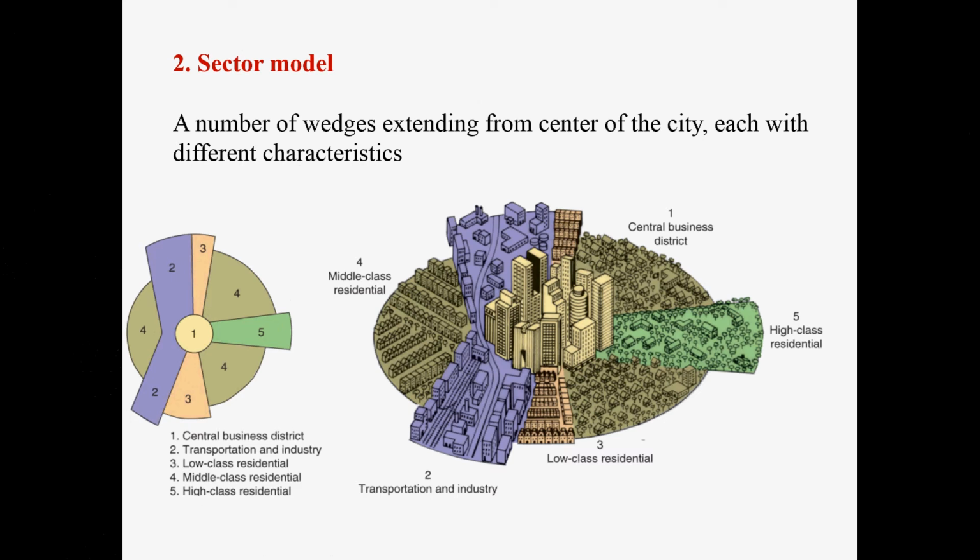Then further away from the transportation zone are the middle-class residential zones, and opposite to the industrial and transportation zone is the high-class residential area. So different sectors, not forming different rings, extend out from the central city, from the CBD. That's why you have a sector model.